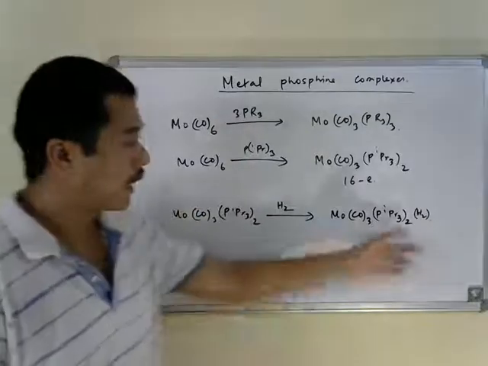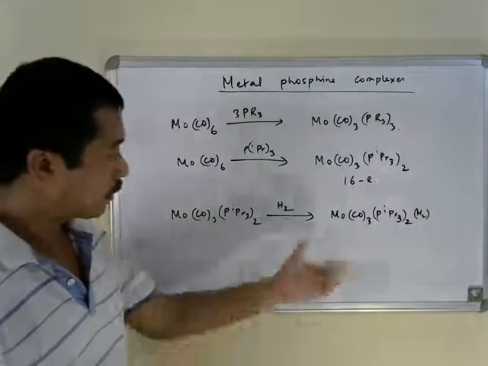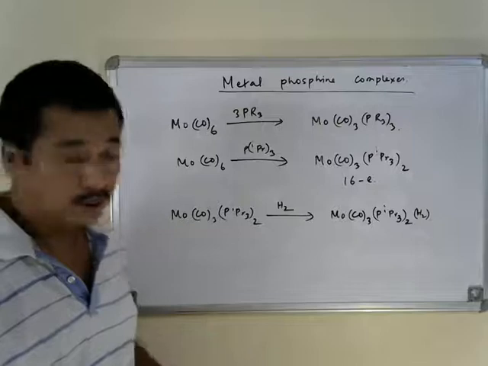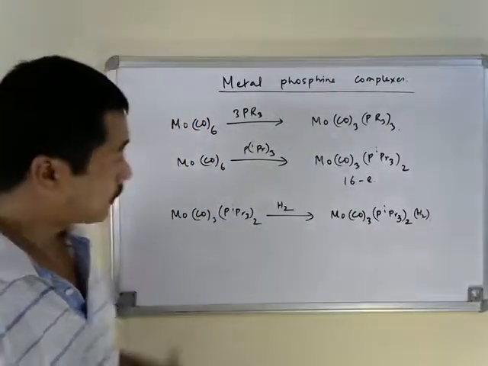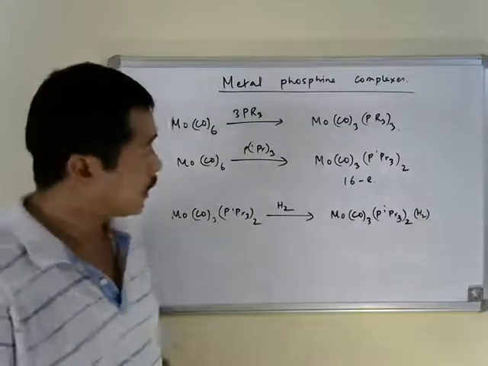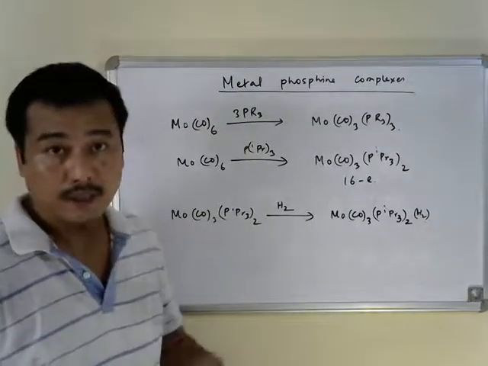So in this case, the dihydrogen ligand is present in this complex, and the coordination unsaturation is fulfilled because dihydrogen is a sterically less bulky ligand, and that is why it can now be accommodated around the metal center.